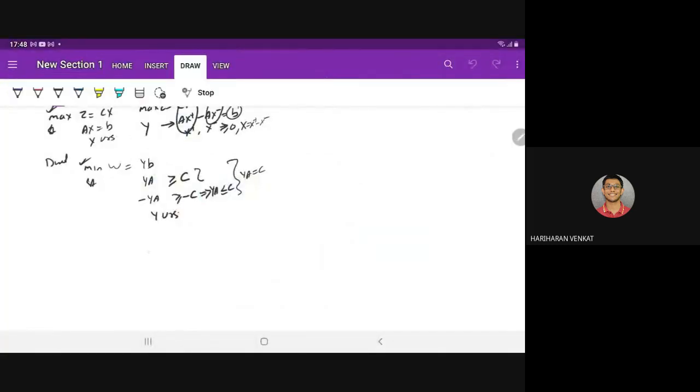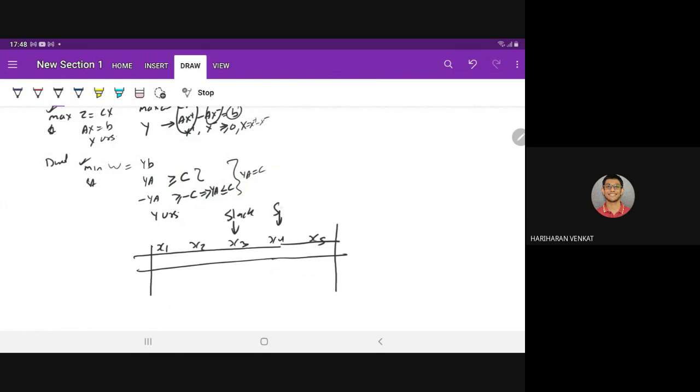Here when we have the table, we have x1, x2, x3, x4, x5. Since x3, x4, x5 are slack variables, whatever you get under them is y1, y2, y3.